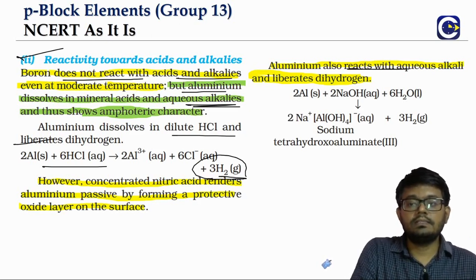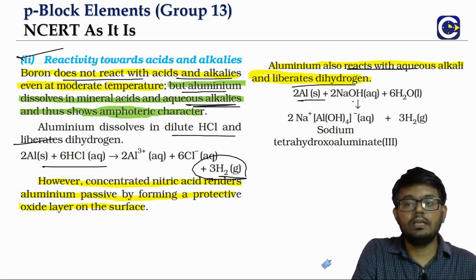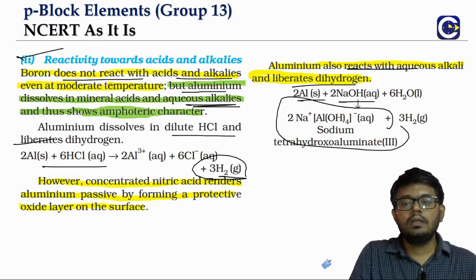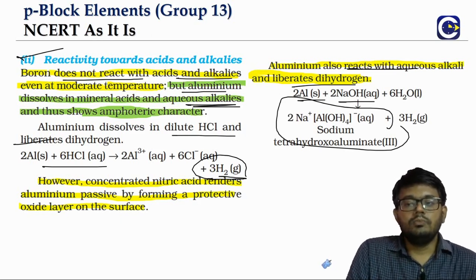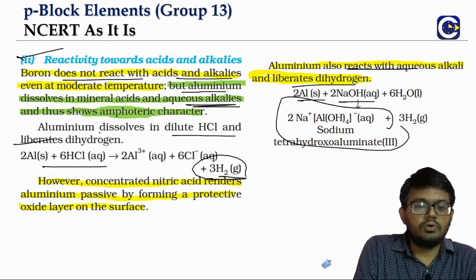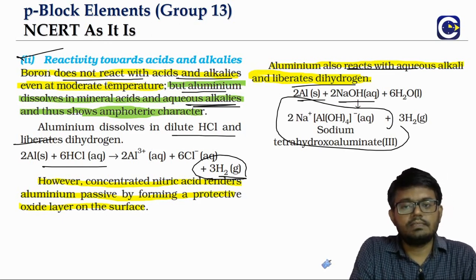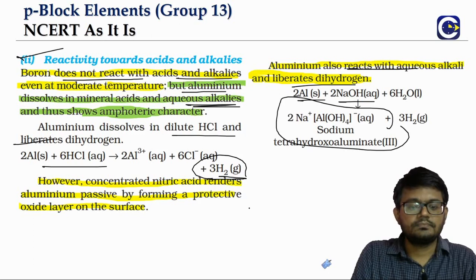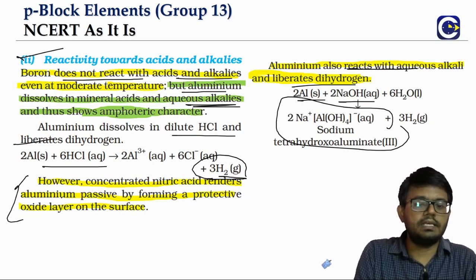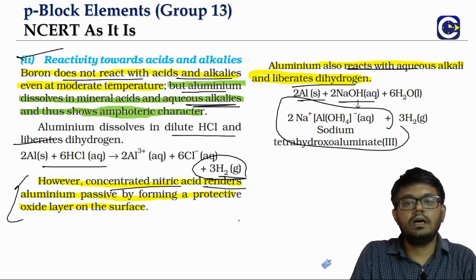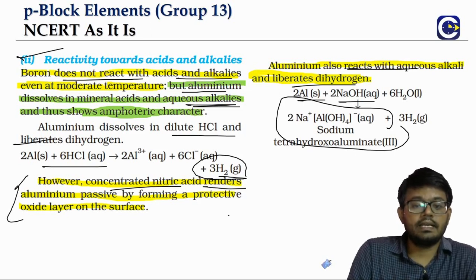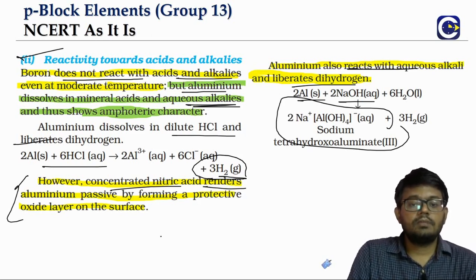And when it reacts with an aqueous alkali, aluminum reacting with sodium hydroxide gives us sodium tetrahydroxoaluminate. So it is able to react with both acids as well as bases. That's why we call it amphoteric.